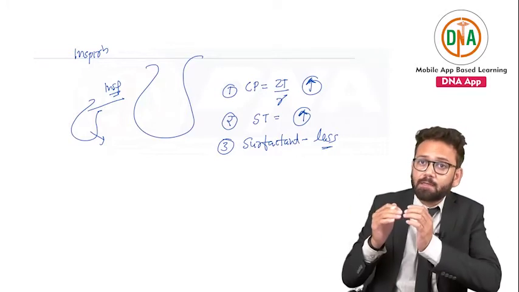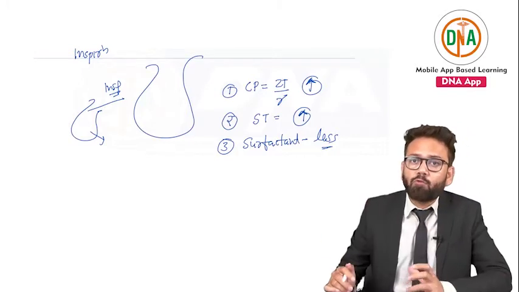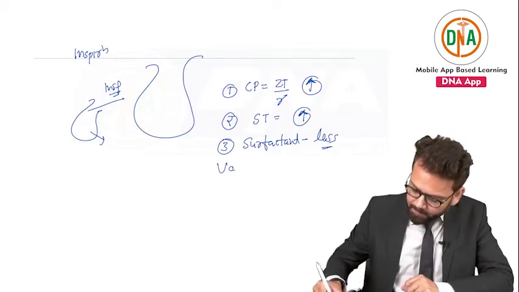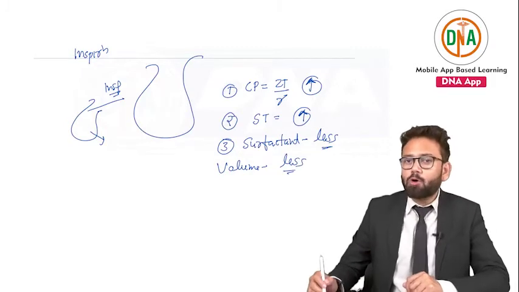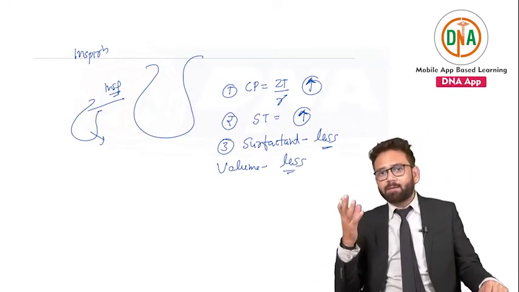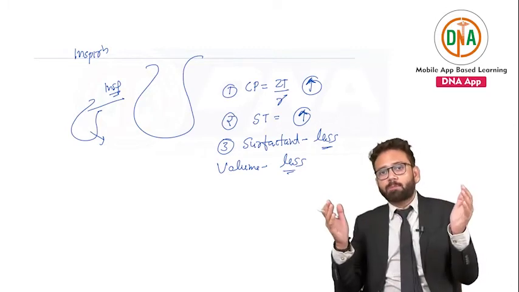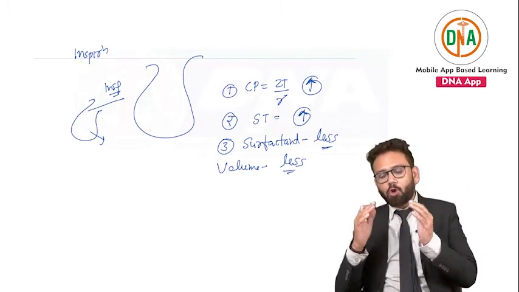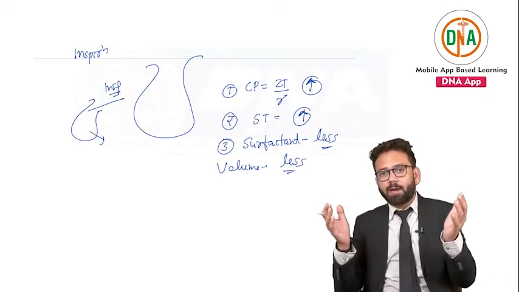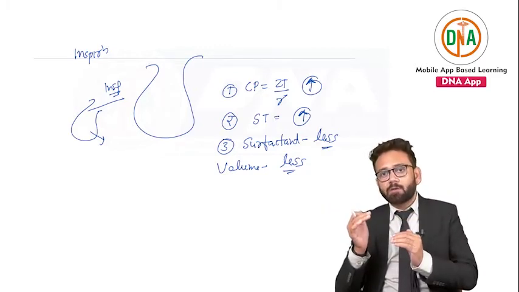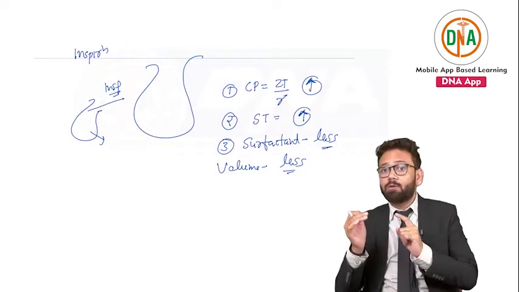Because surfactant is less, surface tension is more. So volume will be less. Why? Because the property to expand is less, as surface tension is more and the surfactant which helps it to expand is less. Volume wants to expand, but because surfactant is less during inspiration, volume is less.